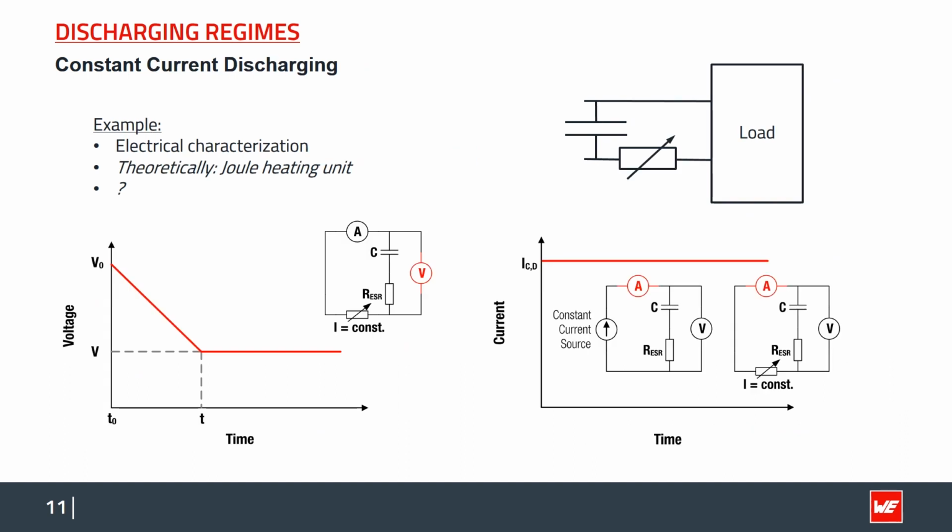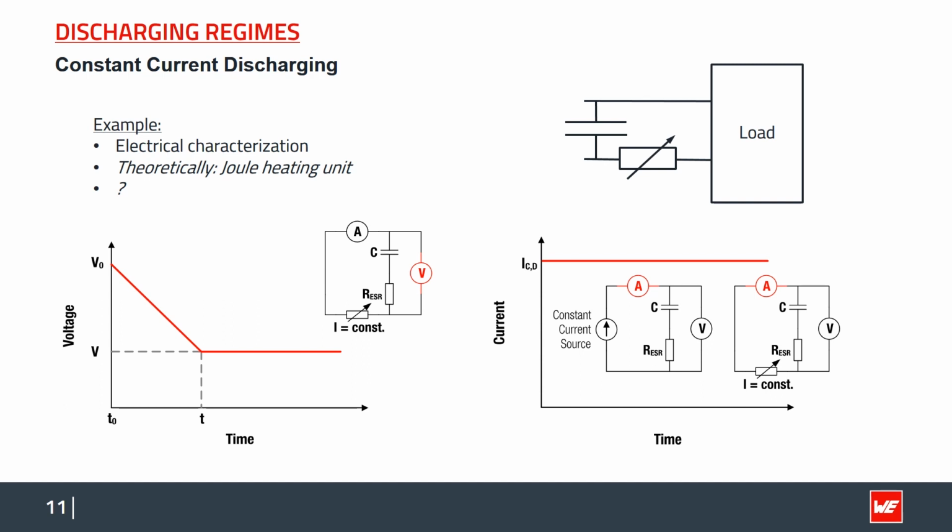The third is the constant current discharge regime. This one is more relevant, let's say, for electrical characterization than for actual applications, because it's a very simple regime that makes calculation quite easy. Under some conditions, you might be able to apply this as an estimation if you use a DC-DC converter.